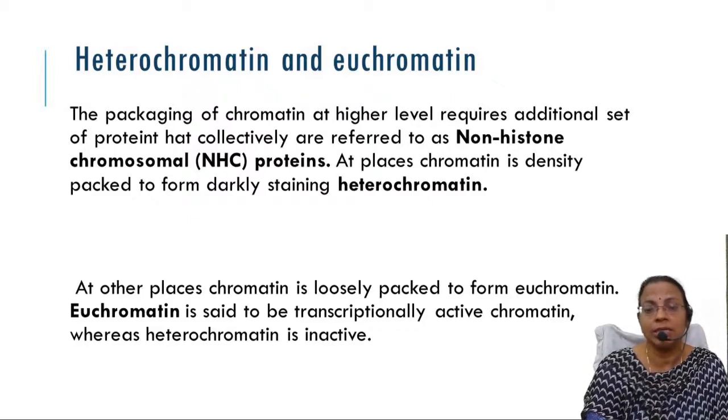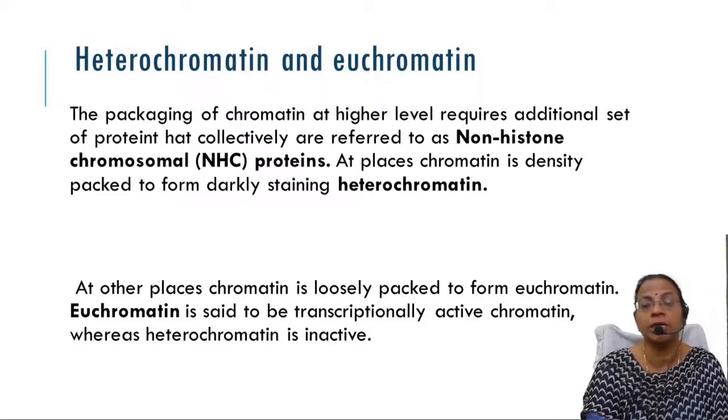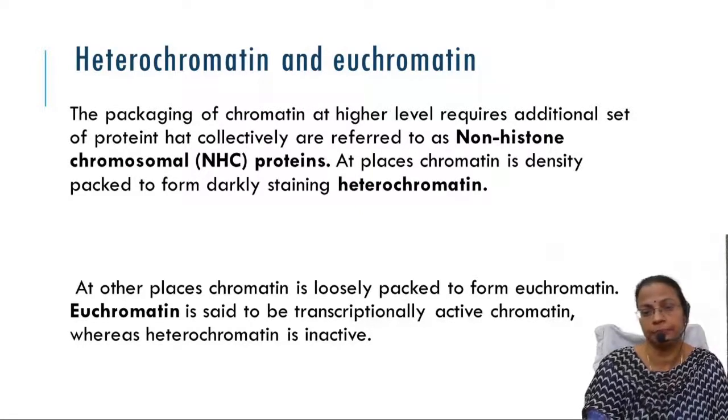Whereas the lightly stained region is called euchromatin. In that region, it is loosely packed and lightly stained. From this we can infer that in that region the DNA is unwinding.